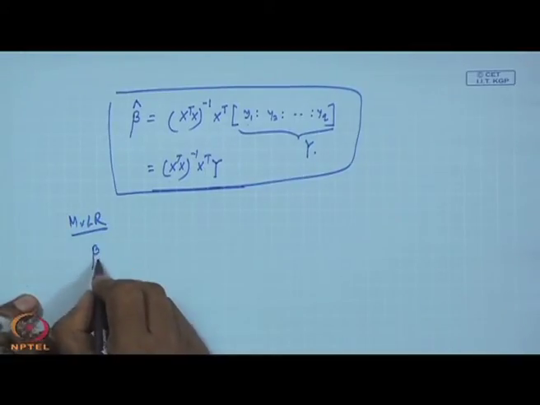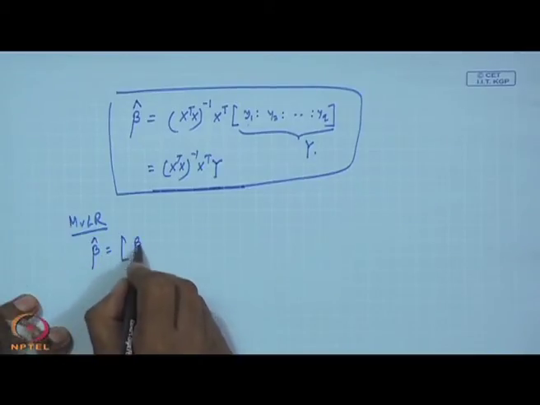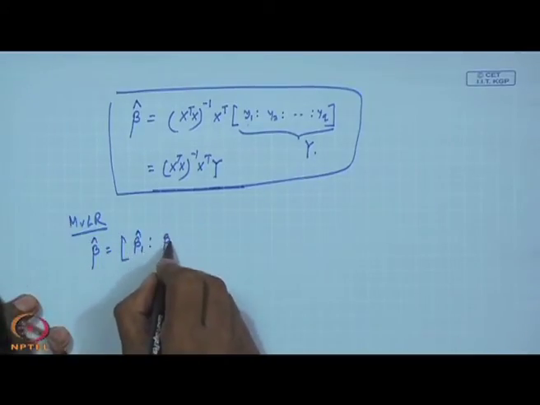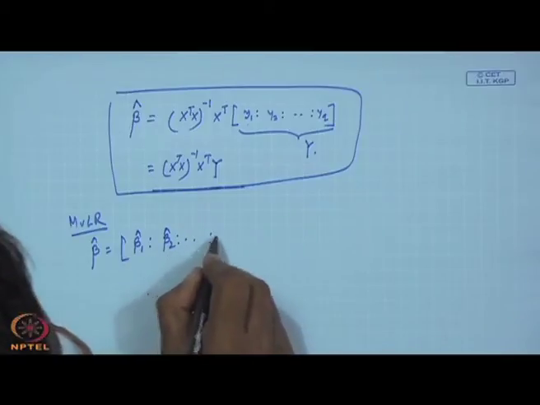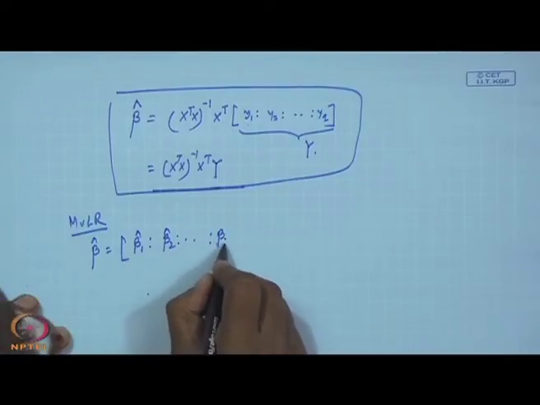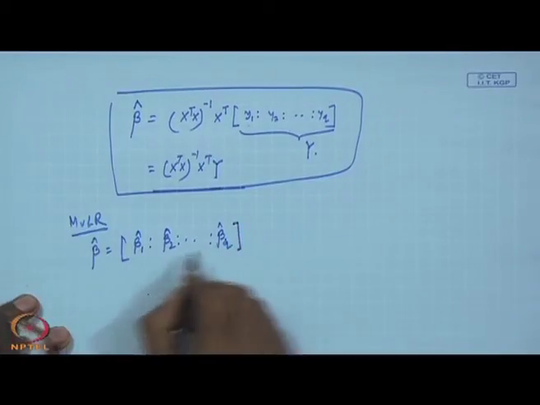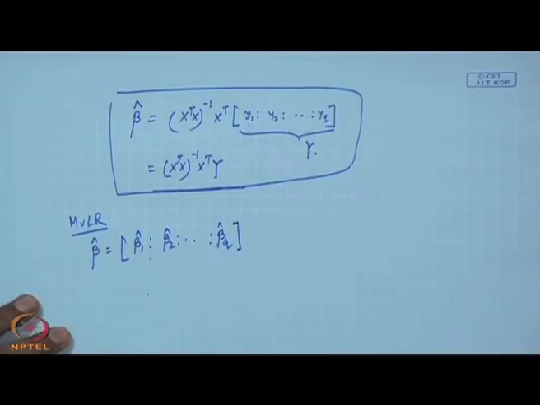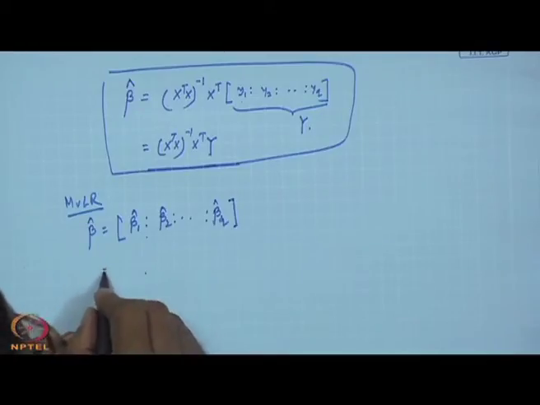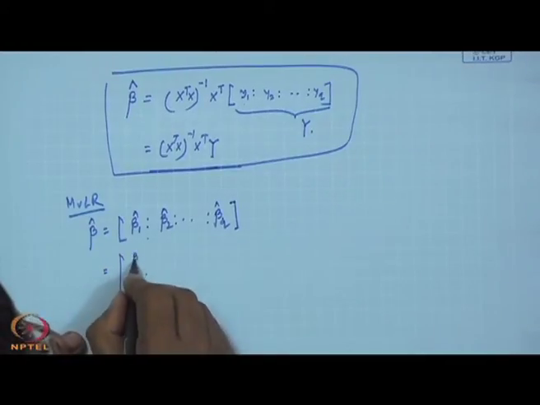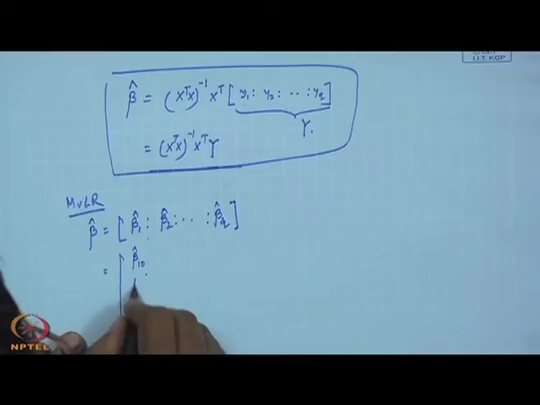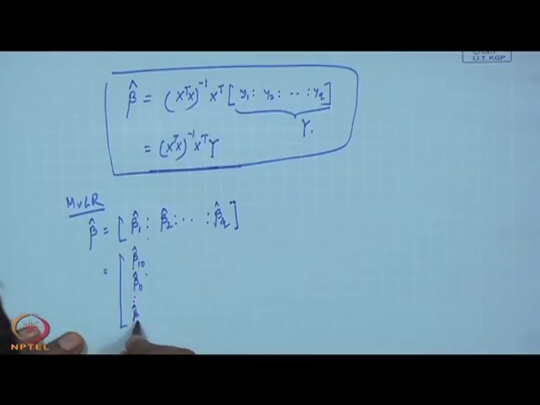you will get beta cap like this, which is your beta 1 cap, beta 2 cap, up to beta q cap, so q variables are there. Here beta 1 cap means beta 1 0, beta 1 1, like this beta 1 is affected by p.